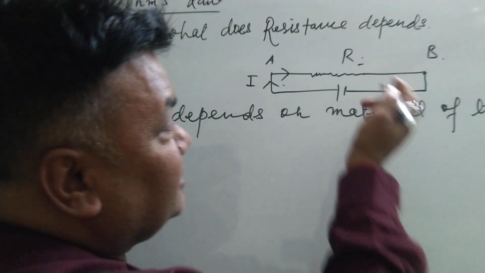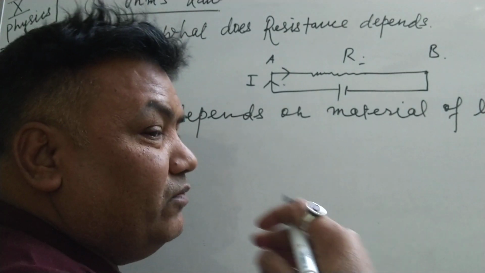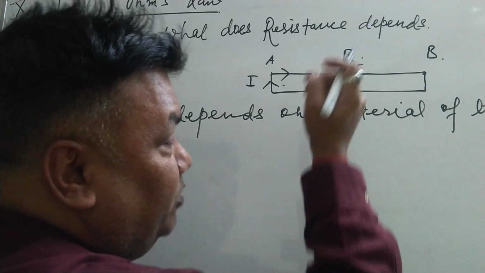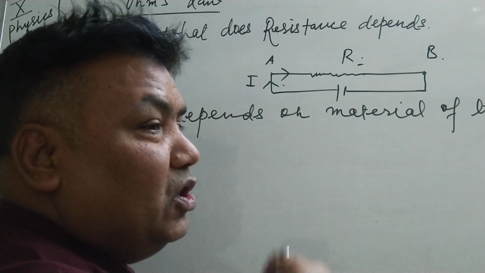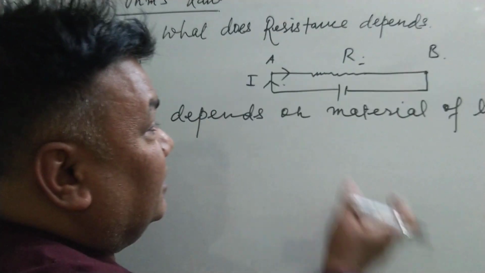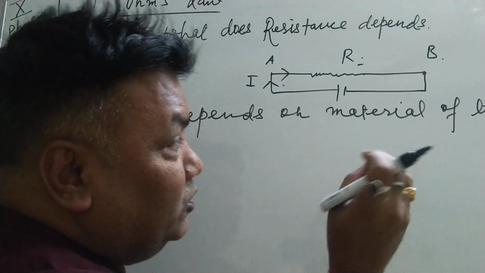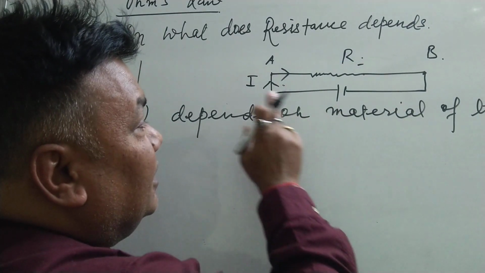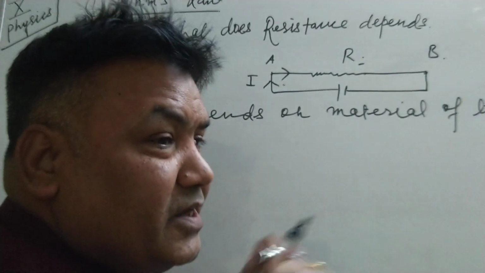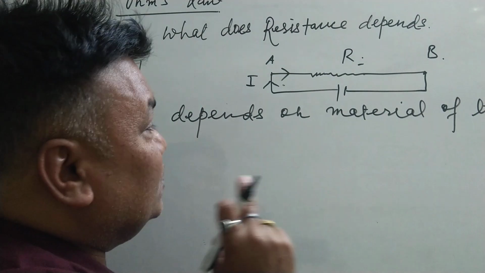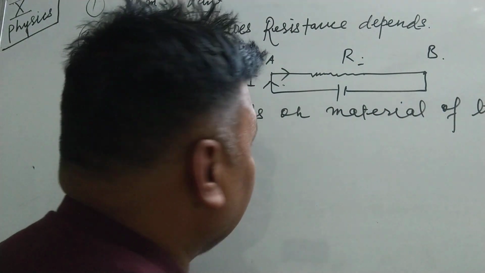Now we can replace this resistance by any other resistance of different material, like suppose it is copper, then you have to replace copper by iron or nichrome or anything. Having the same cell in every case, you will get that the current is changed. So this shows that it depends on the material of the wire.